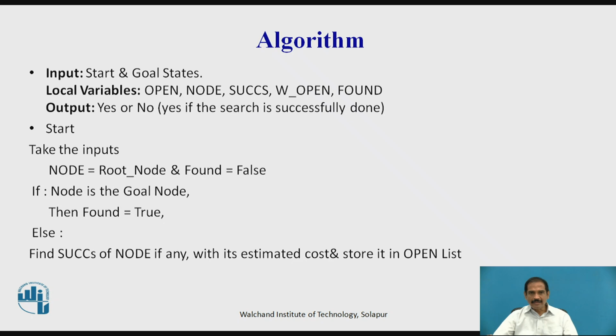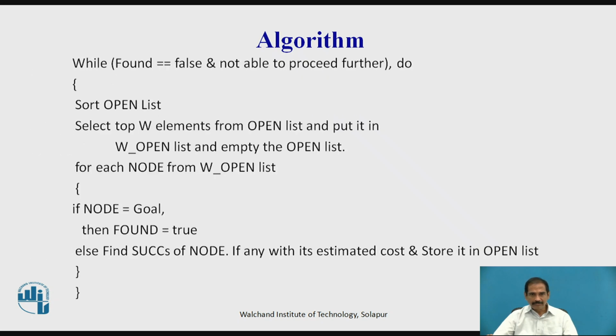We start the algorithm by taking the inputs, and we set found to false. If the node is a goal node, then we return success, that is where it is true. Else, for the successors of a node, we find the estimated cost and store it in an open list, which is a list of visited nodes.